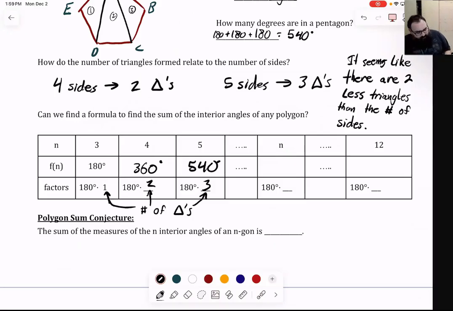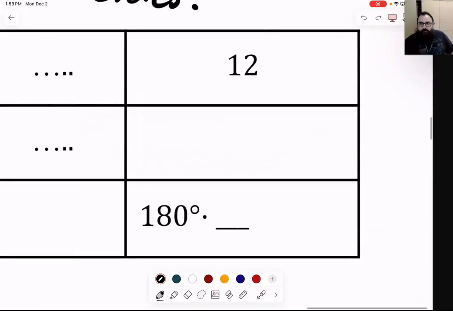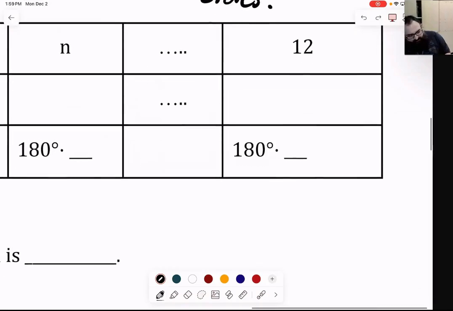So n, if we just had n sides, what are we going to be multiplying by down here? Let's skip this for a second. Let's focus here on this one. If I knew we had 12 sides, what am I going to have here? How do you know that? 12 minus 2 is 10, so that's going to be 10.